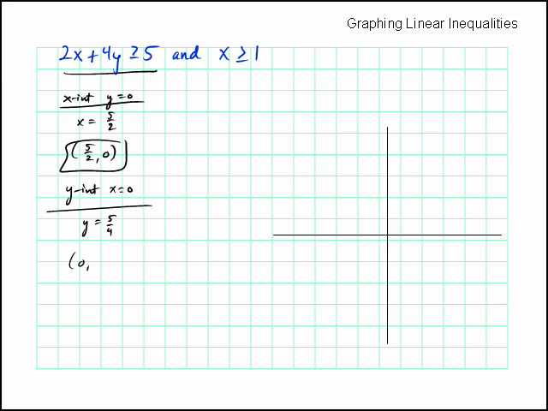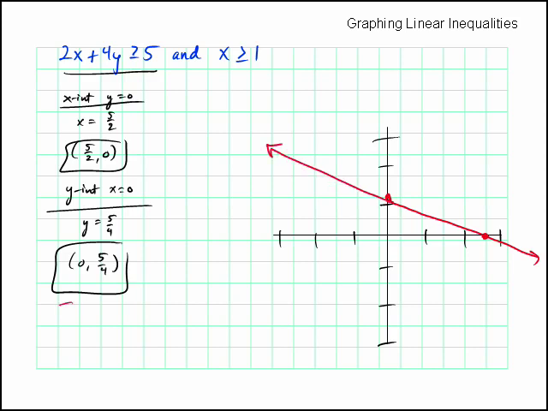So (0, 5/4) is the y-intercept. So graphing this boundary line would look something like this. Five halves is 2 1/2, comma 0. 5/4 is about 1 1/4, about right there. Solid line, looks like that.